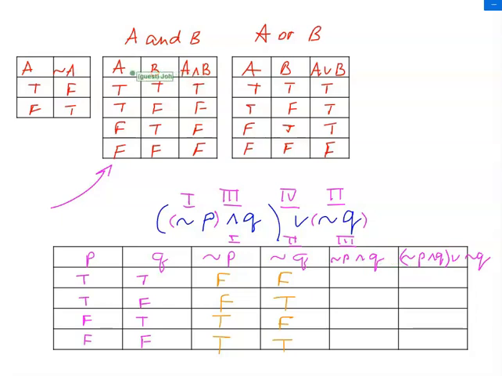And what we have here is not P and Q. So for this, we want to be looking at the not P, and we're going to be doing an AND operation with Q. So we're working with these 2 columns, the not P and the Q, and we're going to do an AND. So it's going to be false and true, false and true, so that's going to be false.